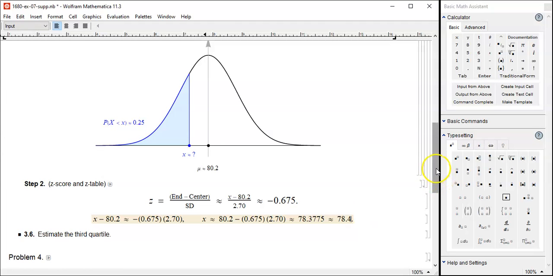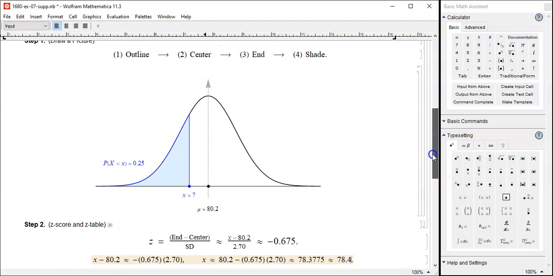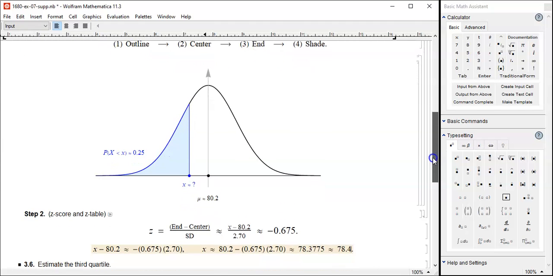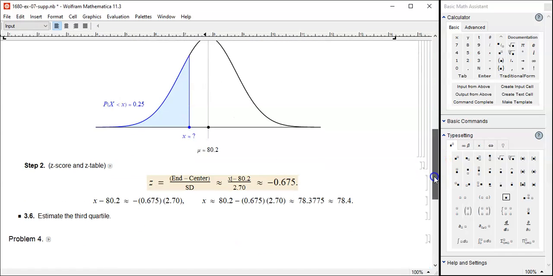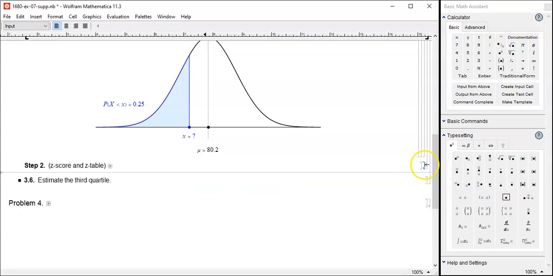Anyway, that's how you find out percentiles. It's going backward. Same formula is used, but instead of calculating the z-score from the end value, you look up the table to find out the z-score first and solve the equation to find out the x value. Now, can you do the same thing and find out the 75th percentile?